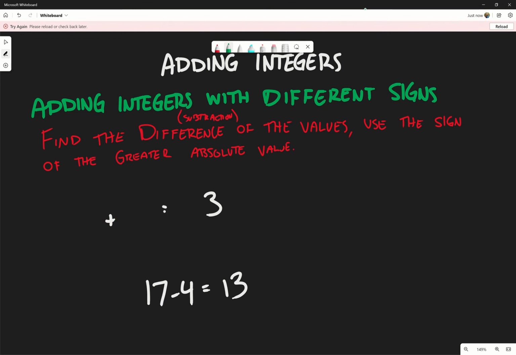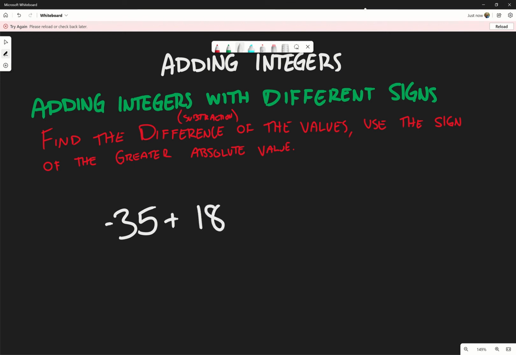So if I said something like negative 35 plus 18. Okay, first thing we want to do is we want to see my signs. I have different signs. I have one negative number and I have one positive number.